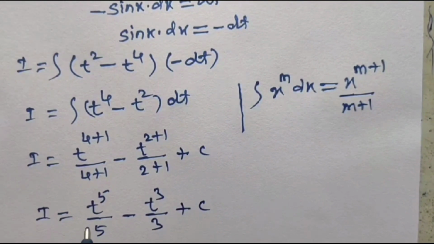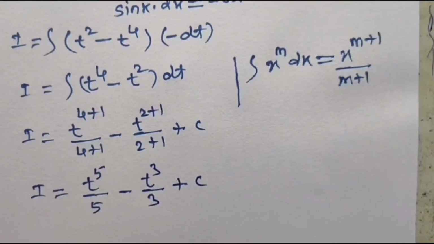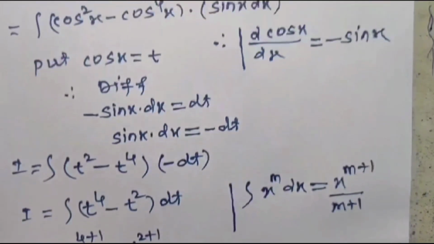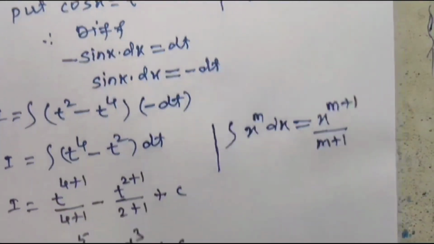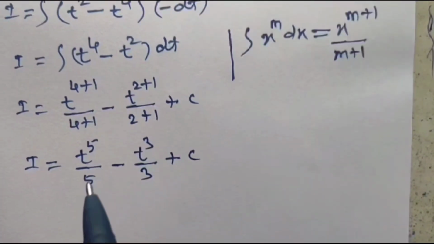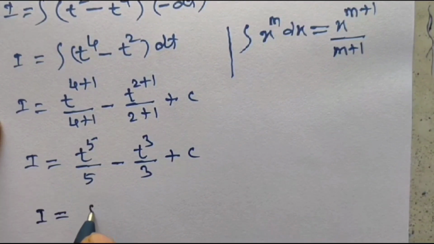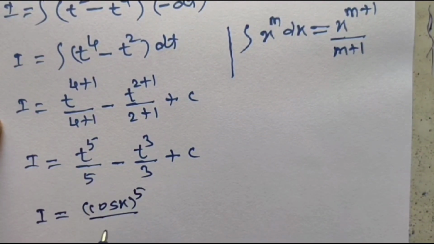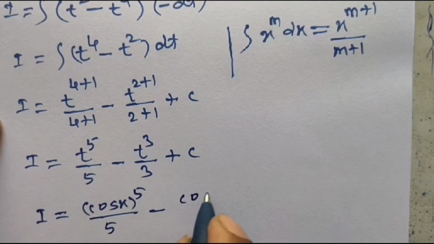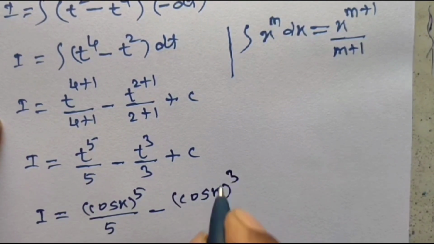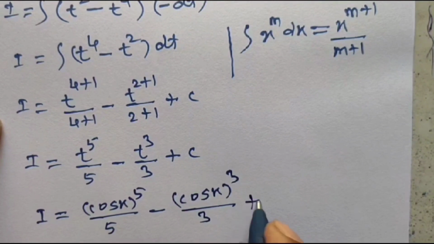But t is the new variable and we want the old variable. So replace t by cos x in the result. Hence I is equal to cos x to the power 5 divided by 5 minus cos x to the power 3 divided by 3 plus integral constant c.